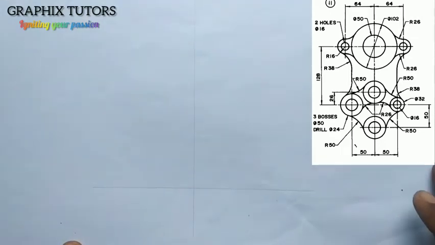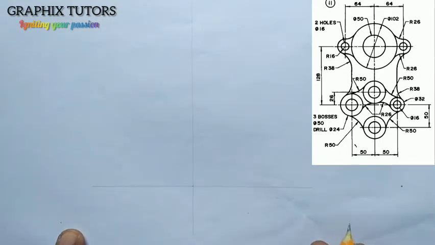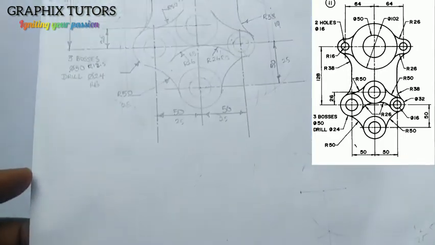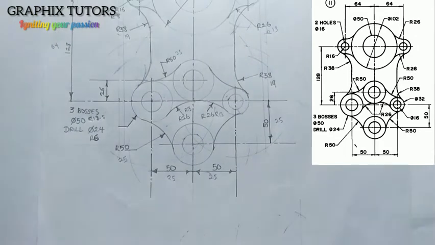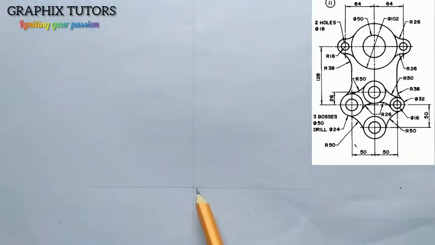Now they are meeting at this point here. This is my center point here, right? That is the first thing you do. Now if you look at this circle here, this diagram here, right? This center point is this center point.